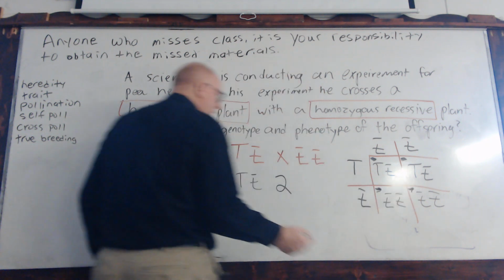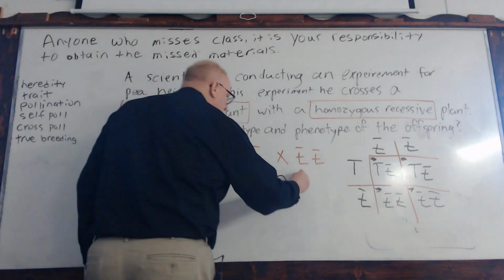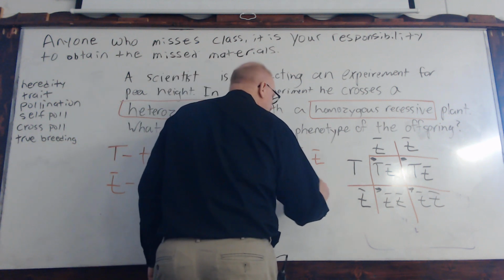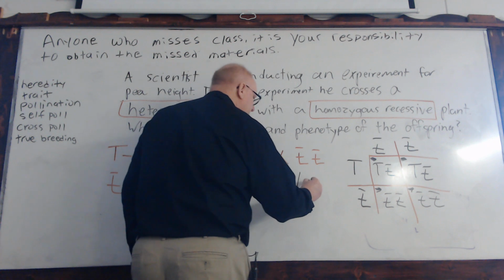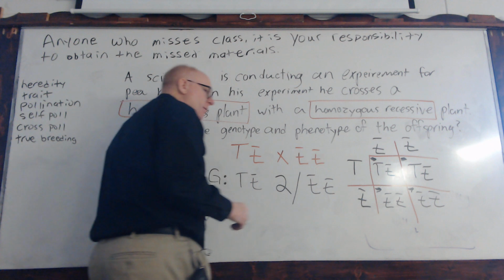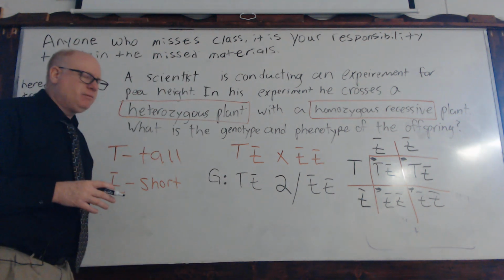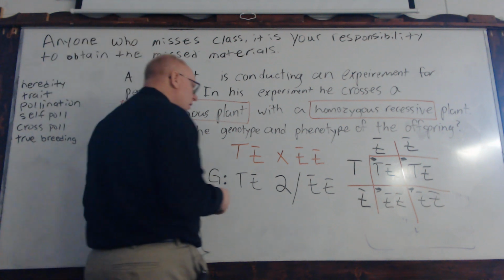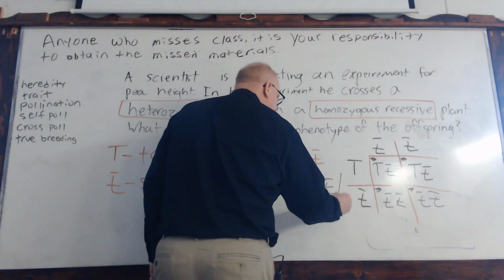When you mark these off, then chances are you won't get those confused, or you won't do a box twice. It's probably not such a big deal when we're talking about these monohybrid crosses with one trait, but once you do these dihybrid crosses where there's 16 boxes, it gets to be a little more tricky. Okay, so in this case, we've got 2 of these as well.